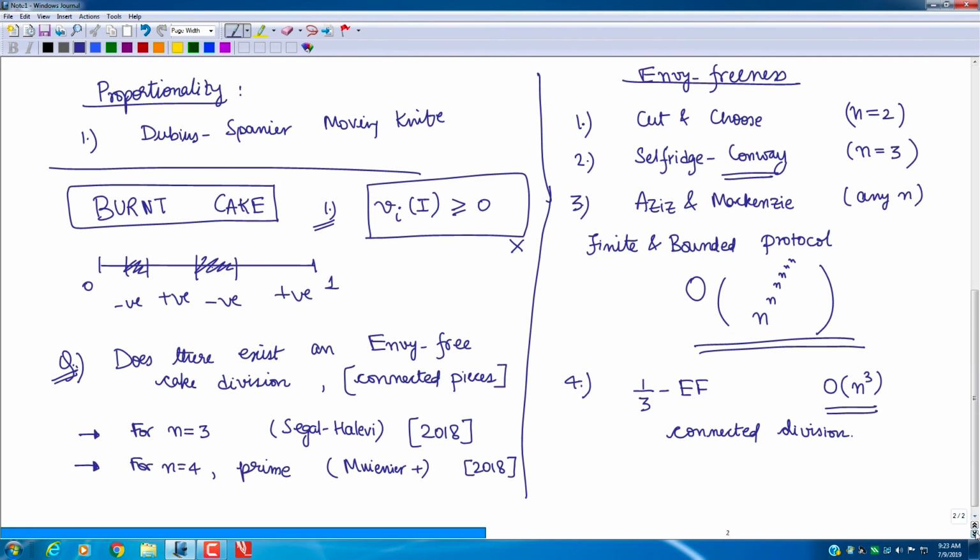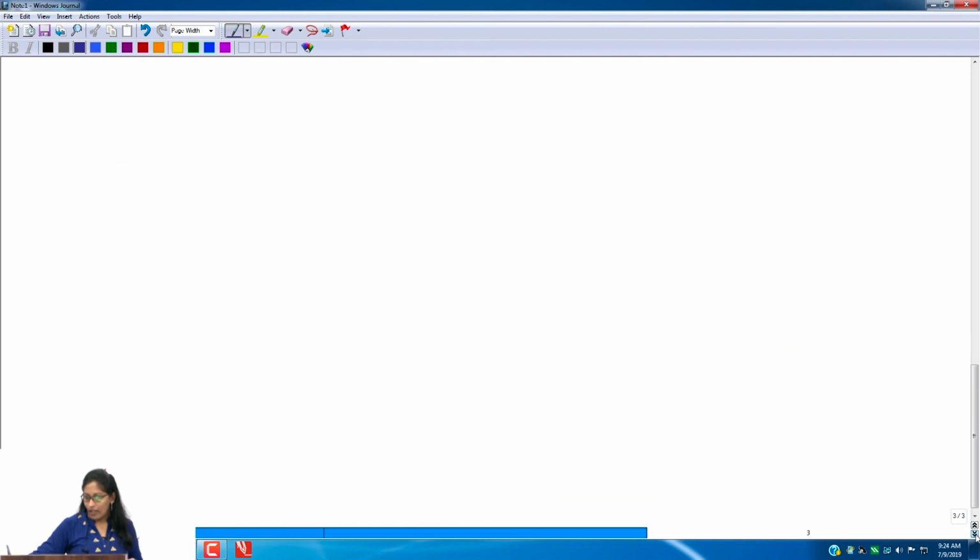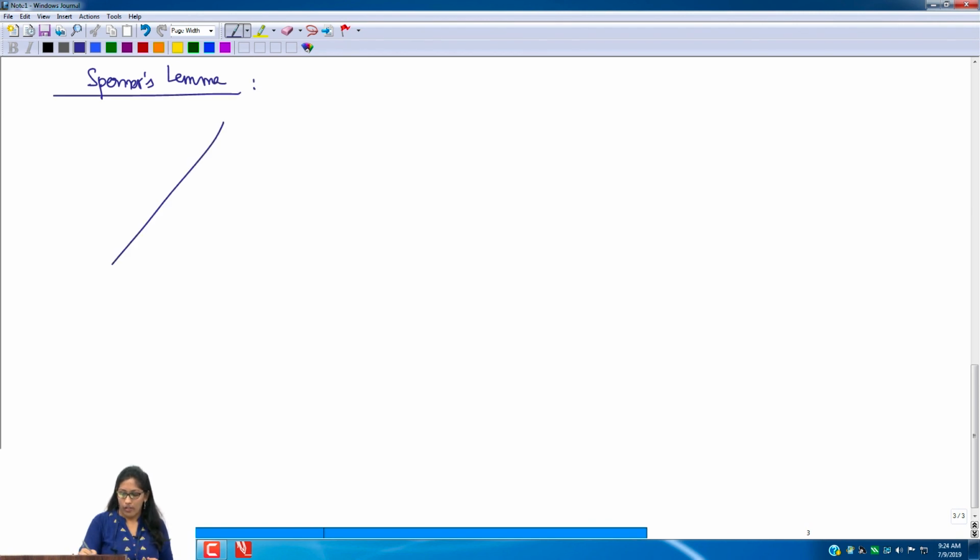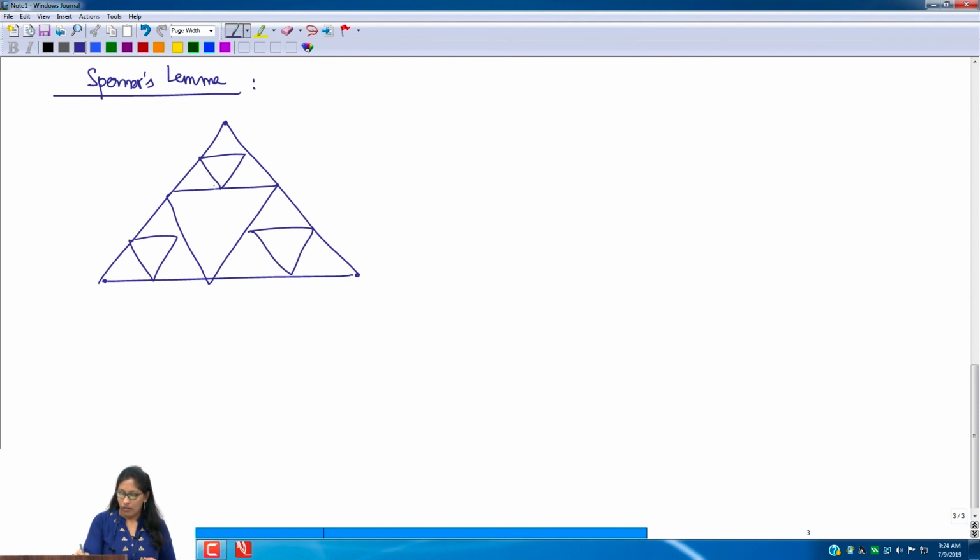So can someone tell me why I can't just apply Sperner's lemma or the construction which we did yesterday and show at least the existence to begin with? Remember in Sperner's lemma what we had was a triangulation. Let me have some triangulation here, and the problem is I need to again come up with a Sperner labeling on these boundary vertices.